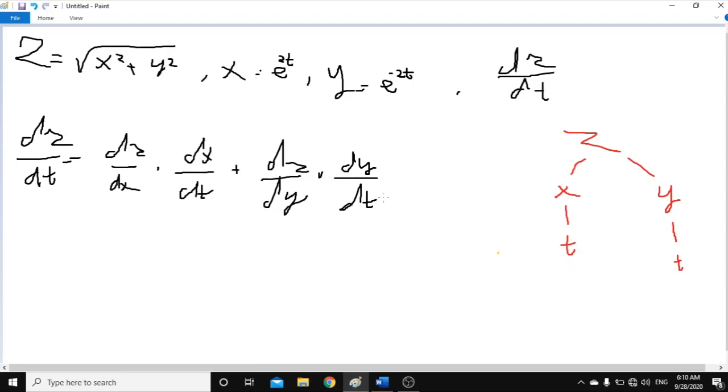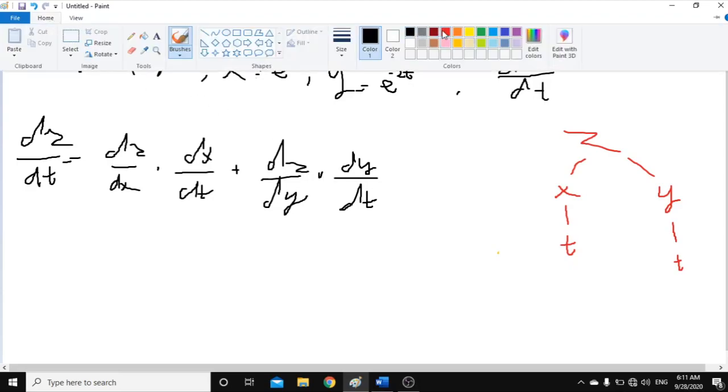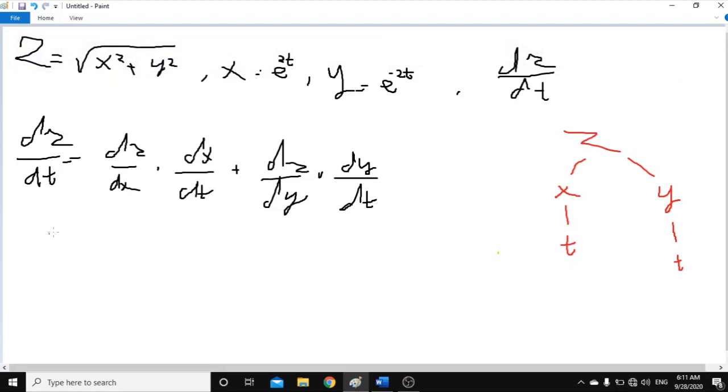But what we need to find right now are the partial derivatives. We will find dz over dx and dx over dt and dz over dy and dy over dt. So let's find them first, one by one. Starting with dz over dx. From this original equation, we need to find the partial derivative with respect to x.